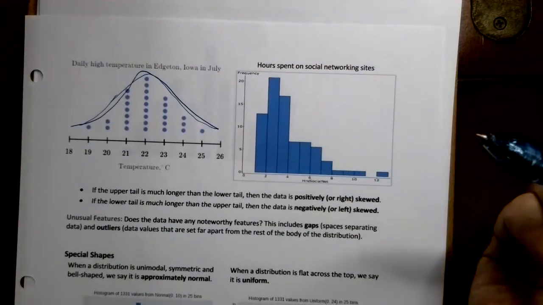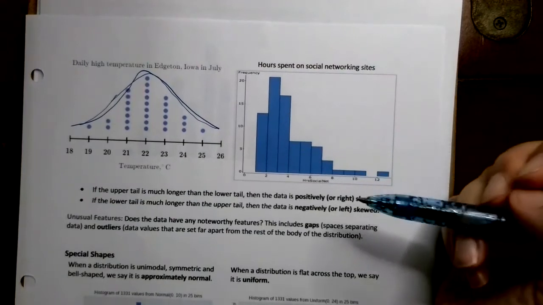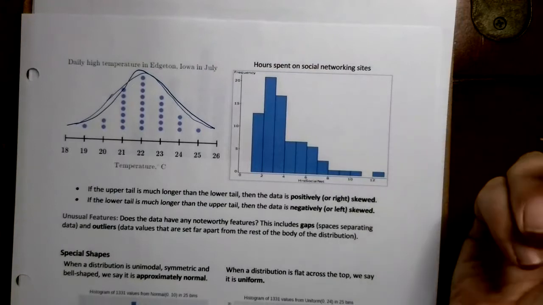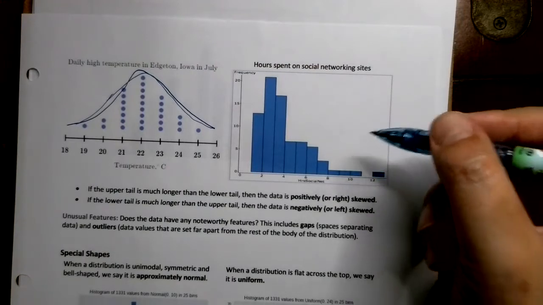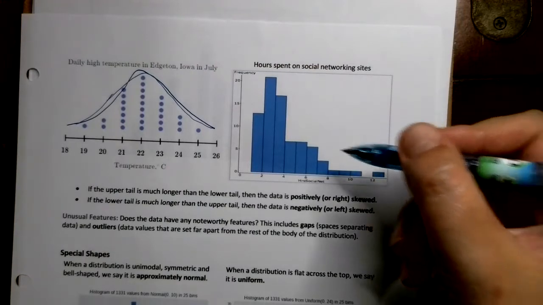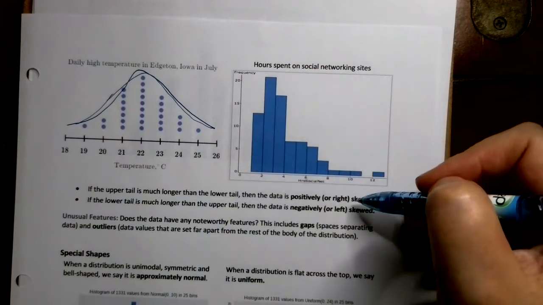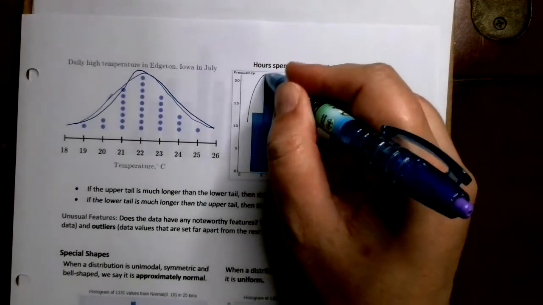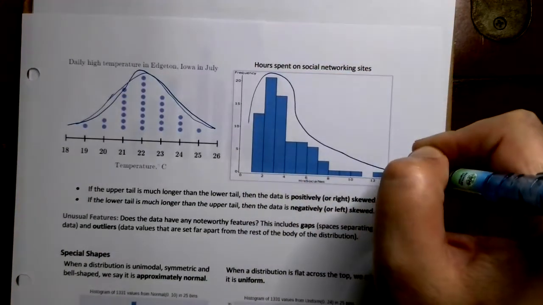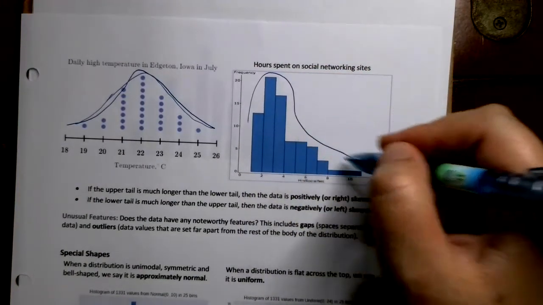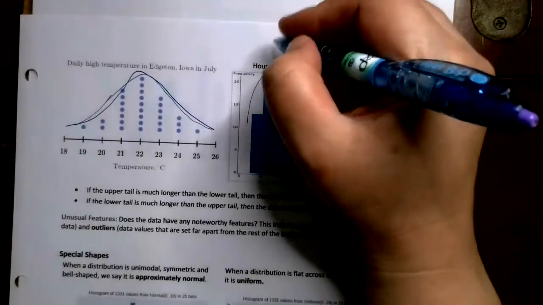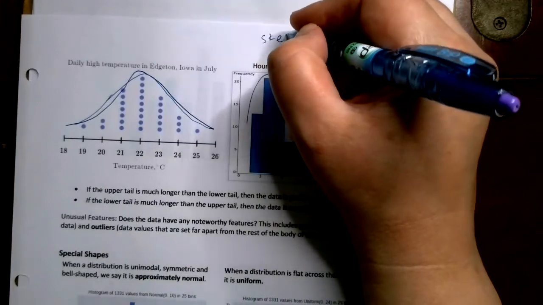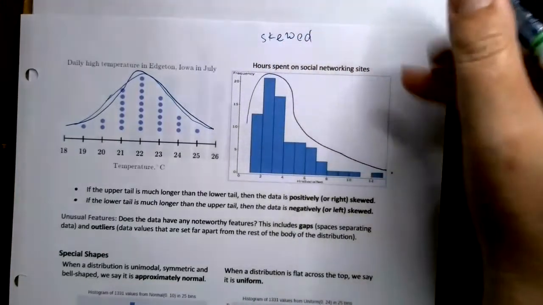It's lopsided, or the statistical term is skewed. This distribution is skewed to the right, going in the direction of the tail. So if it has a tail on the right, we're going to say that this distribution is skewed to the right.